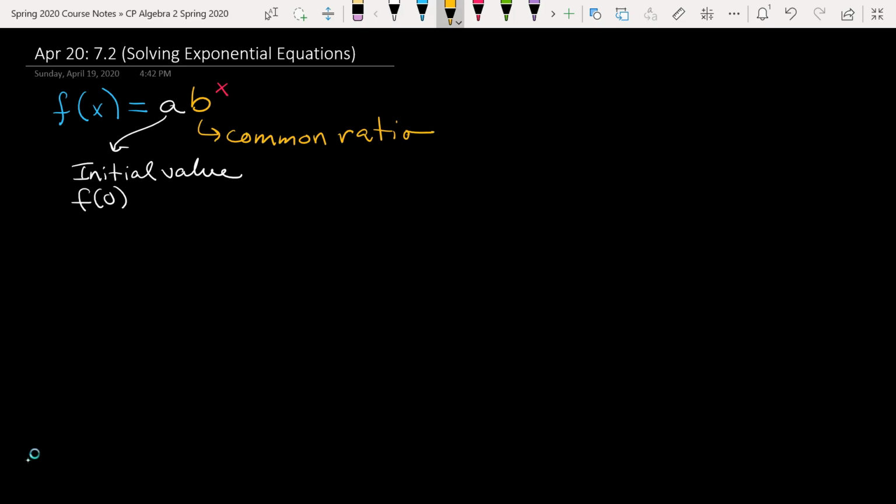We've referred to b as the common ratio. So every time x ticks up, usually by integer values, this equation gets multiplied by b. We start with an initial value of a, and we keep multiplying by b. It's in fact because we're doing this constant multiplication that exponential functions grow so quickly. X is of course the exponent in this case, but it's also our independent variable.